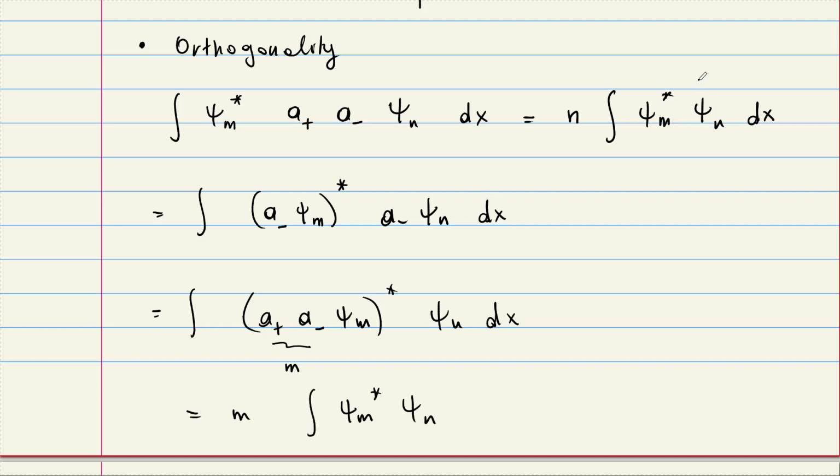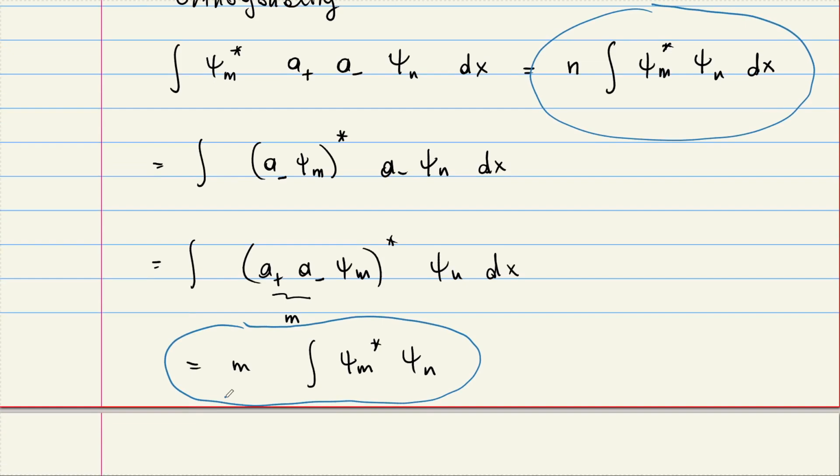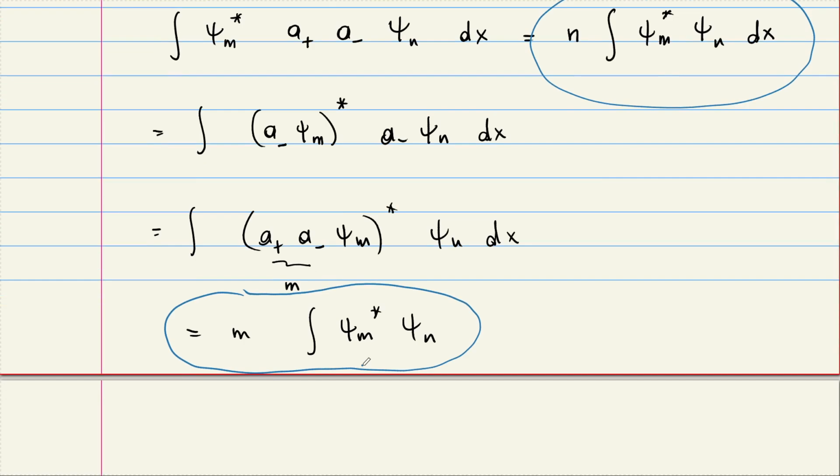Now I compare this with this. If m is equal to n, no problem. This equation is perfectly fine. But if m is not equal to n, the only way these two equations can be equal is if the integral of psi m star psi n is 0. Is that clear?